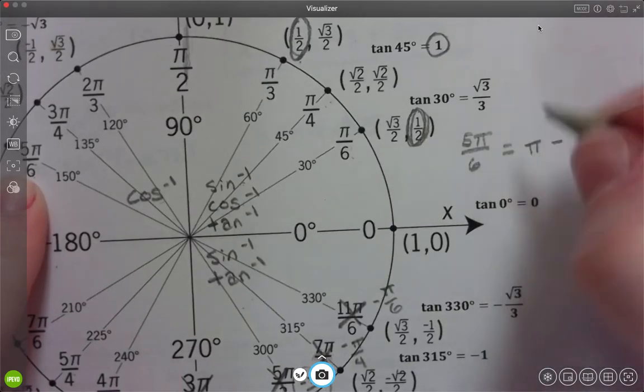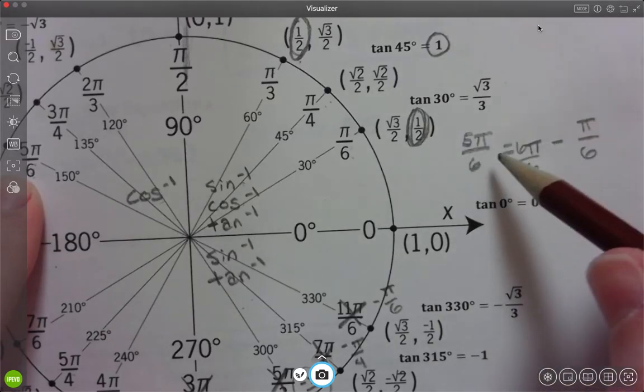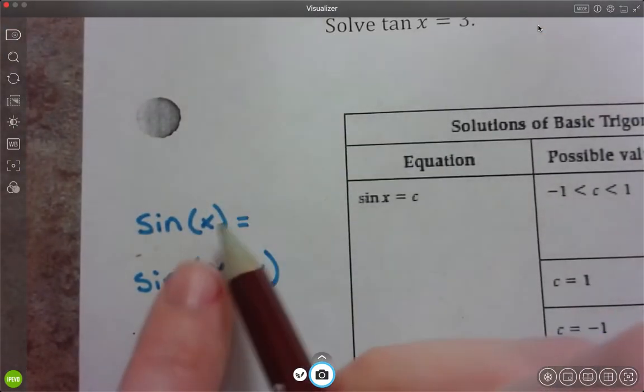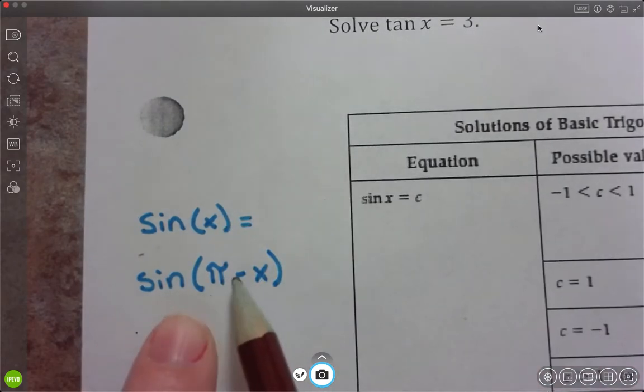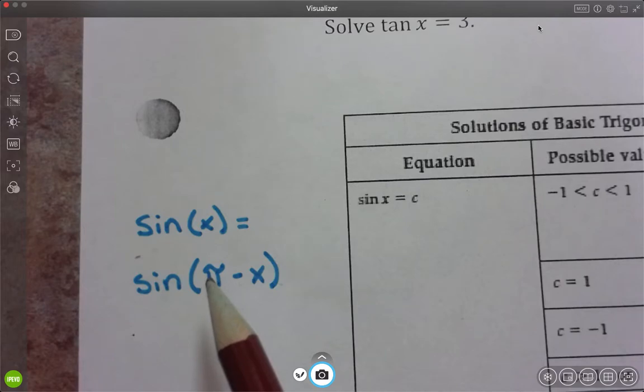So pi would be like 6 pi over 6 if I find a common denominator, minus pi over 6, that will give me 5 pi over 6, okay? So the rule here is, for sine, that when I have this value, I take pi and I subtract that value, and that will give me my new answer, basically.